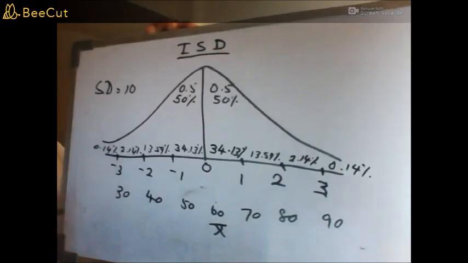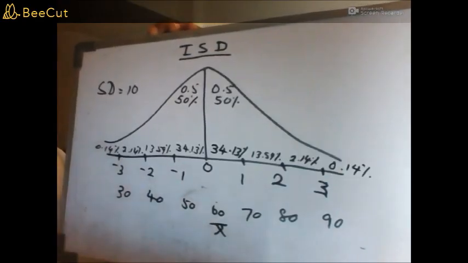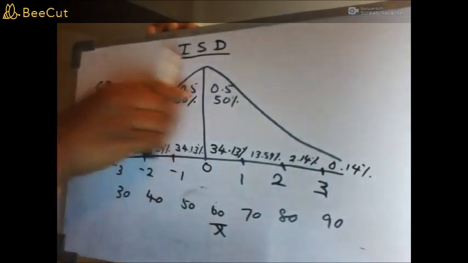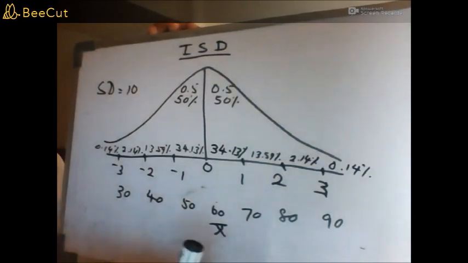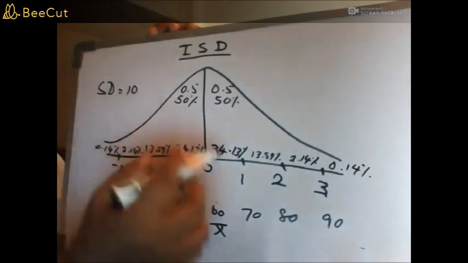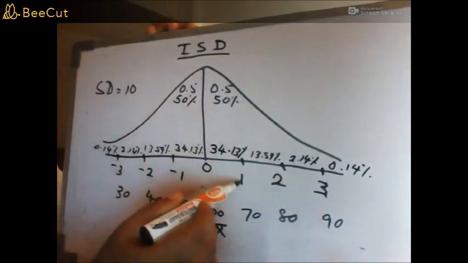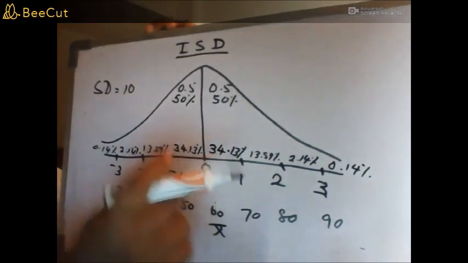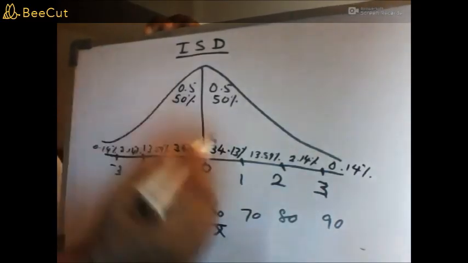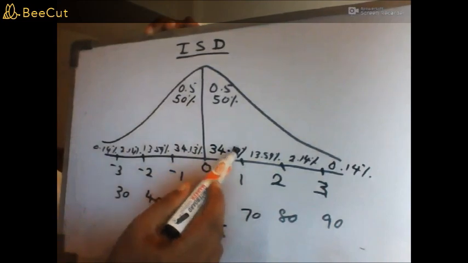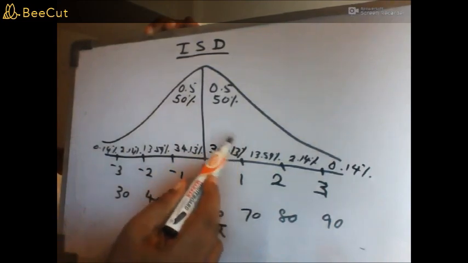Now, what are the exam paper questions? They will ask for ISD. What is the ISD between 0 and 1? What is this ISD? ISD means accumulation. All you have to do is make it a round number.